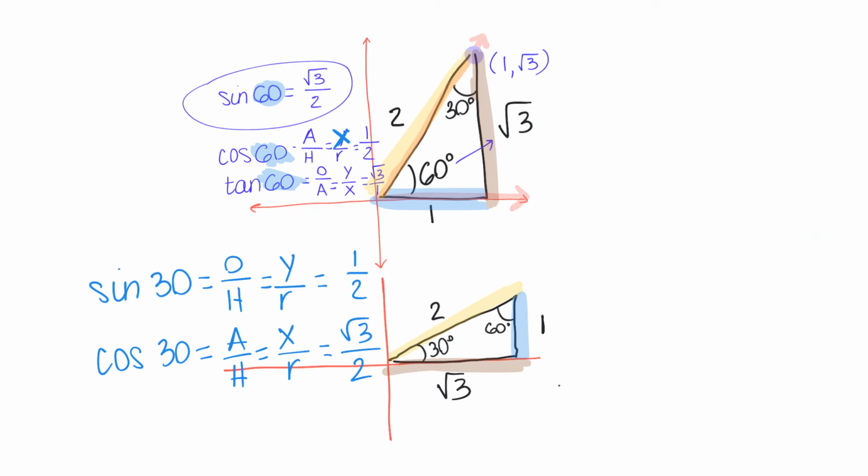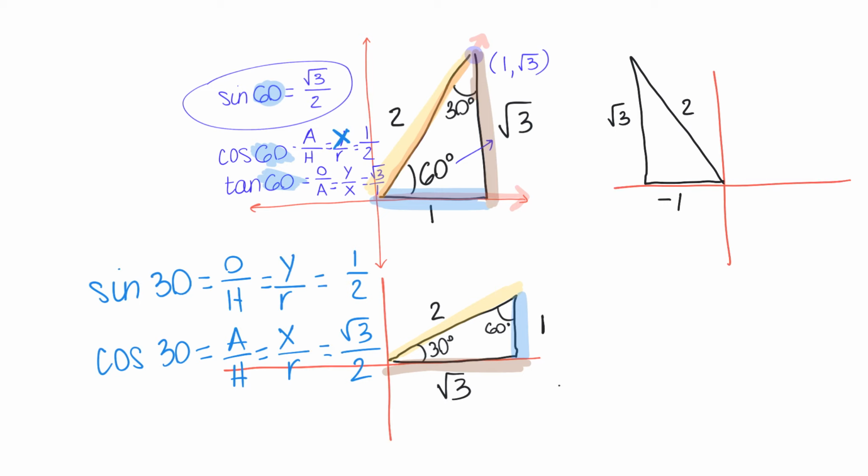Okay. So if we do that, then we can move, remember our 60-degree triangle can come over here, right? And this is still 2, this is still root 3, but now our 1 is -1, okay?